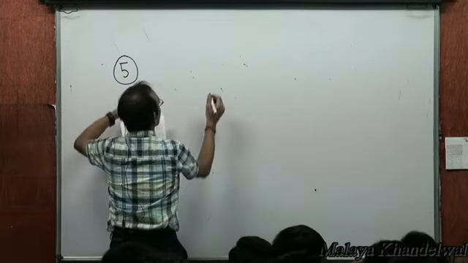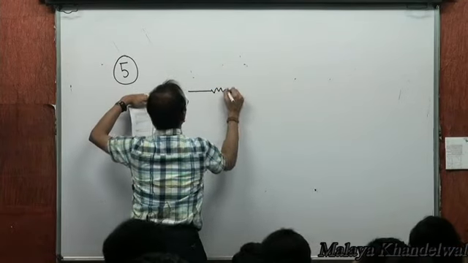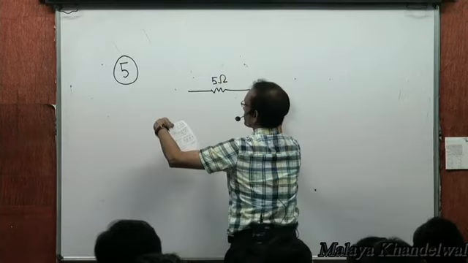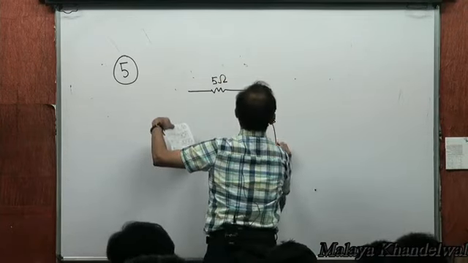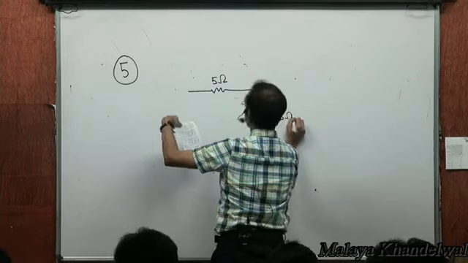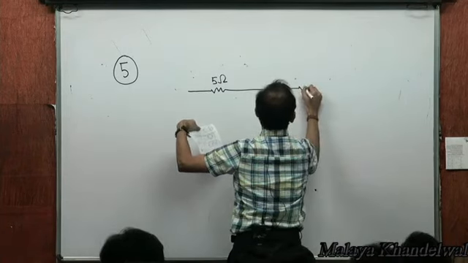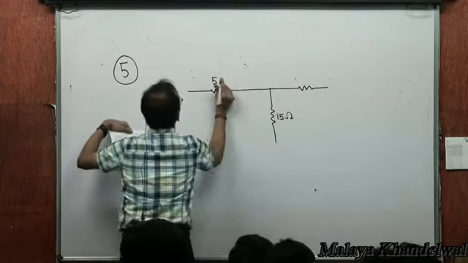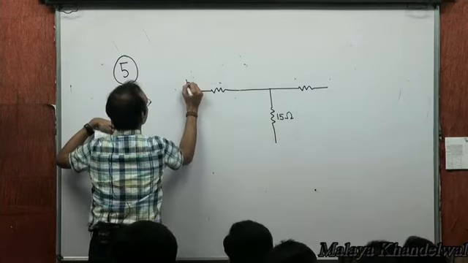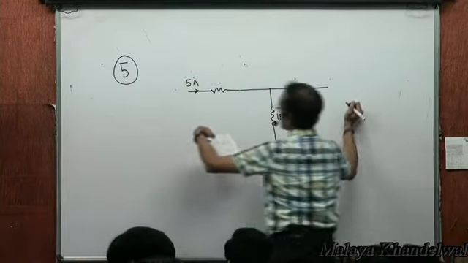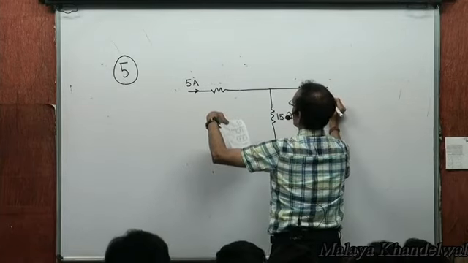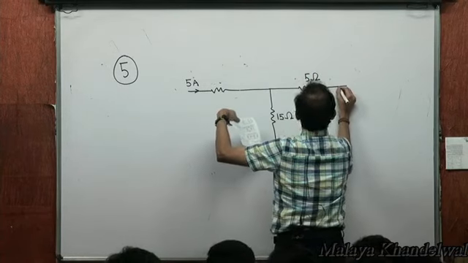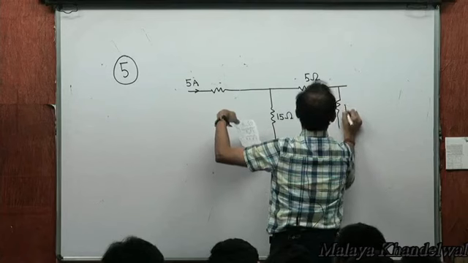Okay, now we have a network in problem number 5. This is 5 ohms, 15 ohms, and a 5 amp current. There is 5 amp current, the resistance not known. Then there is this 5 ohms here. There is R here.